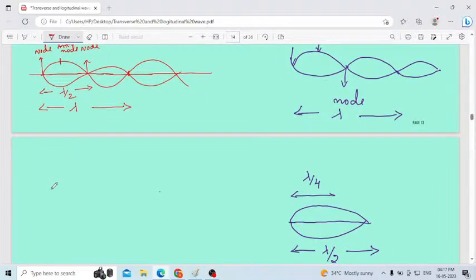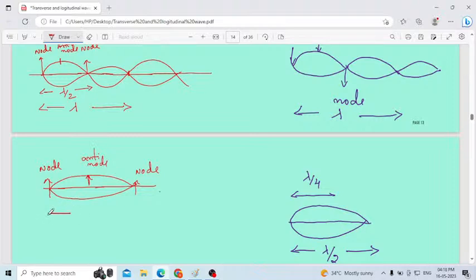I will draw one more diagram here. This point is a node where amplitude becomes 0, and where amplitude is maximum, you can observe here, this is an antinode.